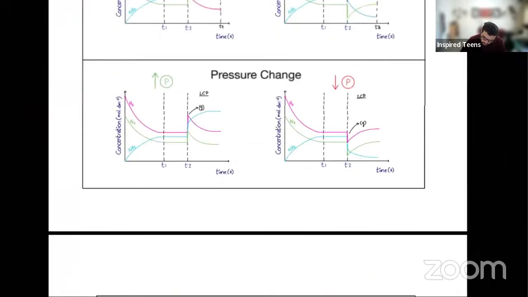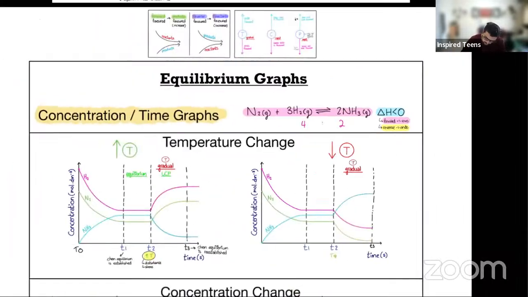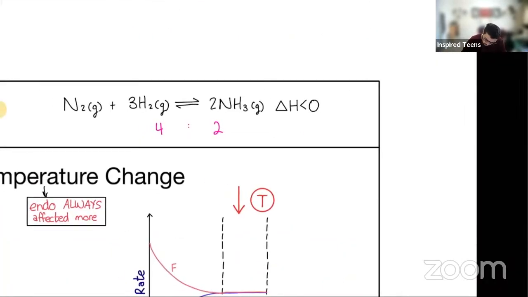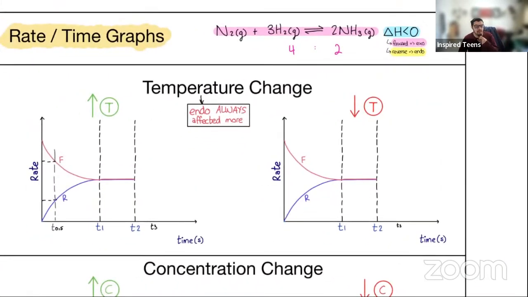Forward is exo, sorry, reverse is endo. Okay, so same reaction. Now we're going to look at the effect it has on the rate versus time graph.